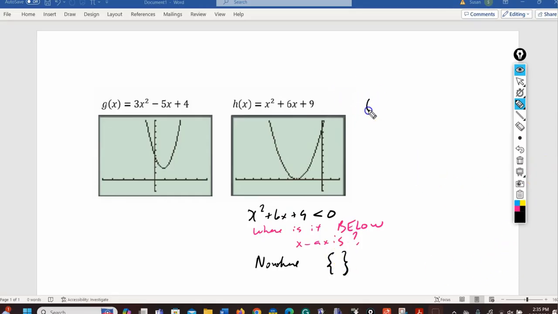But now, again, what if it was given to me in factored form? What would the answer to that be? What is it being asked for, that symbol? Where is the graph on or below? Well, it's not below anywhere, but it is on the x-axis at negative 3.